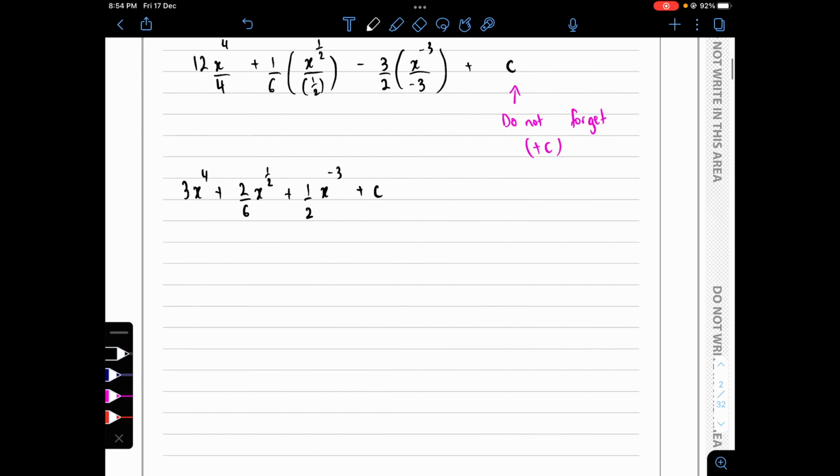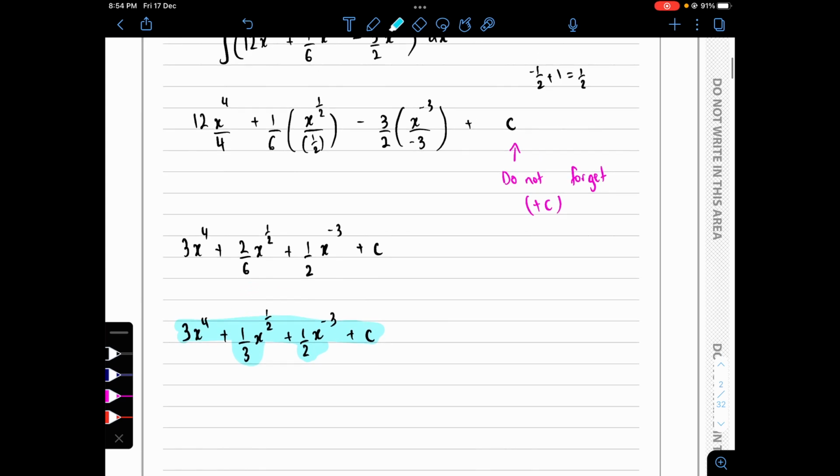We can simplify it even further: 3 x to the power of 4 plus 1 over 3 x to the power of a half plus 1 over 2 x to the power of minus 3 plus c. So that is our final answer. We have integrated to the simplest terms. And there we go, that's the answer for question number 1.